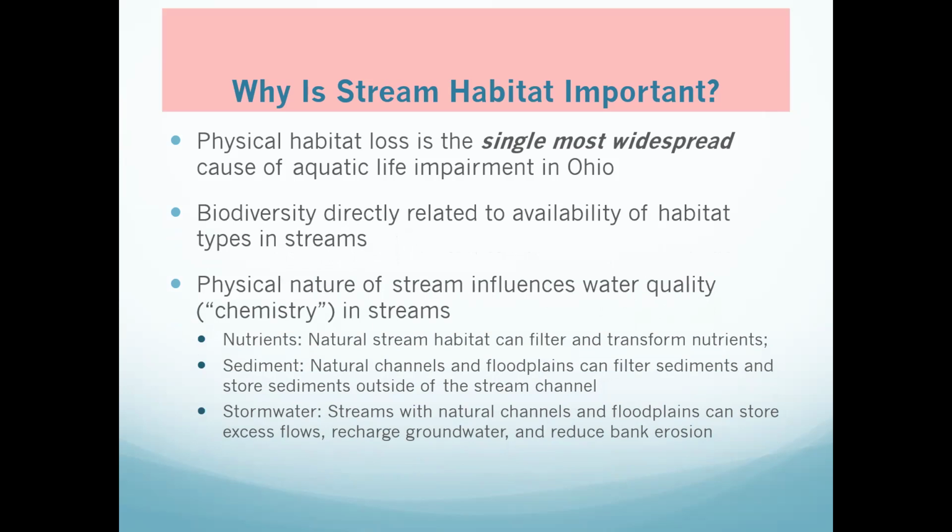For example, nutrients can be filtered by the natural stream habitat that's present, whether that's plants or even slowing the water, and that can cause different transformations. Sediments as well can be filtered or stored inside or outside the stream channel, and if there's groundwater recharge or floodplains where stormwater can be stored, that also influences nutrient availability.